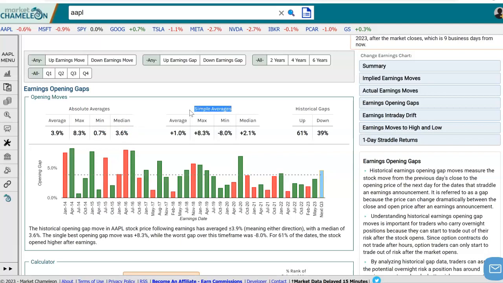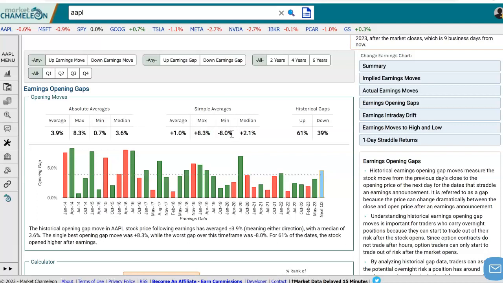If we look at the simple averages, on average, the gap move was plus 1%, meaning that it was skewed a little bit towards the upside. Either their larger gap moves were to the upside or the gap moves to the upside were more frequent. We see that the best gap move was plus 8.3%.